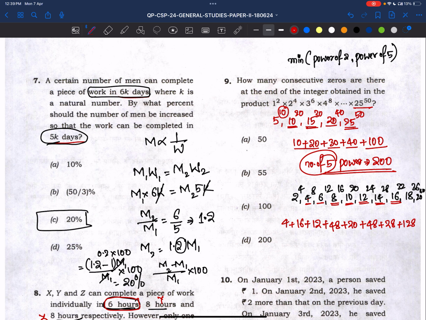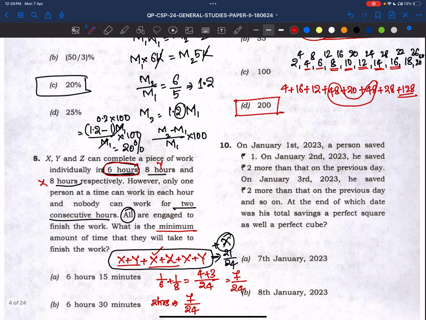See, already I think the value has crossed 200. Here this is 96, right? 96 and 120. So we know the number of powers of 2 and powers of 5. What is the minimum value? This is greater than 200 and this is 200. So the answer is 200. Okay.